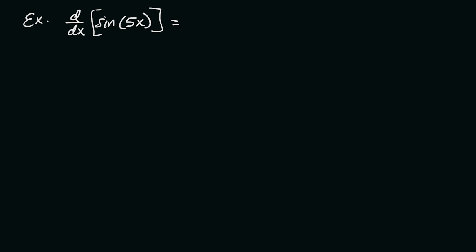Alright, hopefully you just paused the video and tried to solve this out. Our f is just equal to sine of blank, and then our g of x, the inner function, is just equal to 5x.